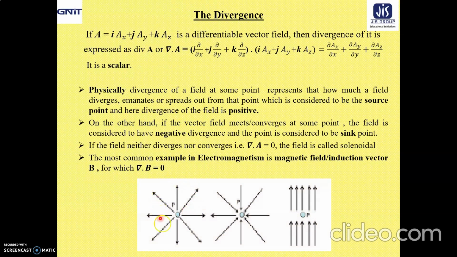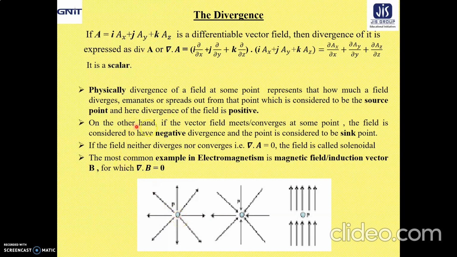Let us take a look at figure 1. It represents the divergence of a vector field with respect to some point P. The field lines are diverging, spreading or emanating out as if there is a source point. So here the divergence of the field is positive and P is considered the source point.